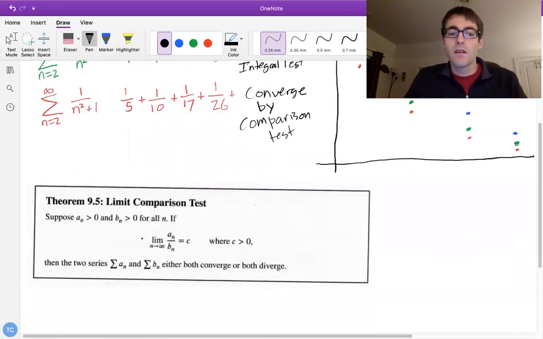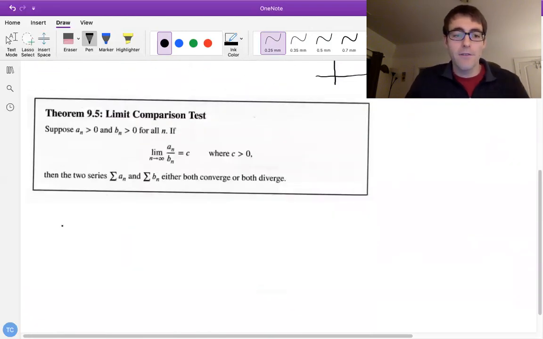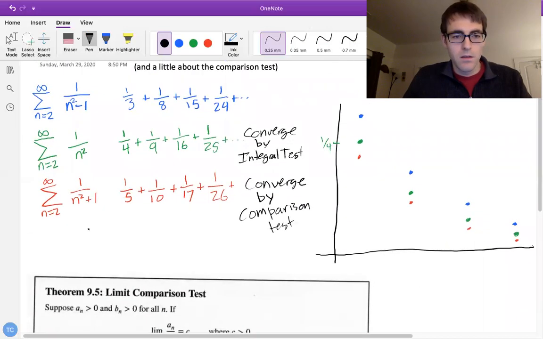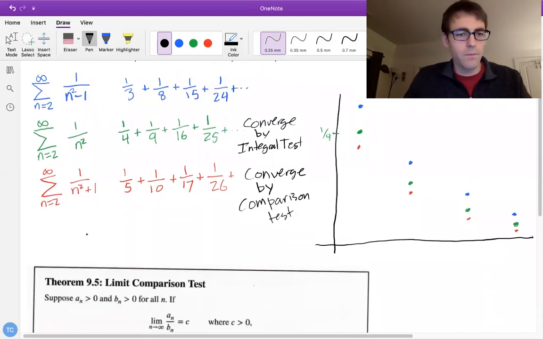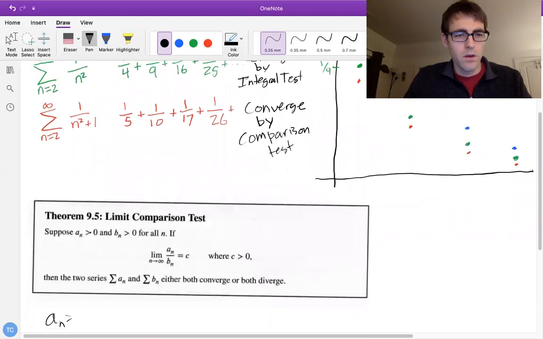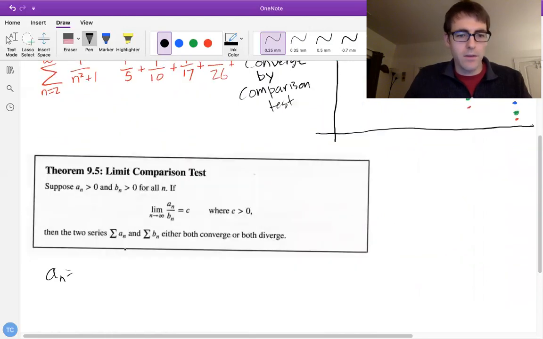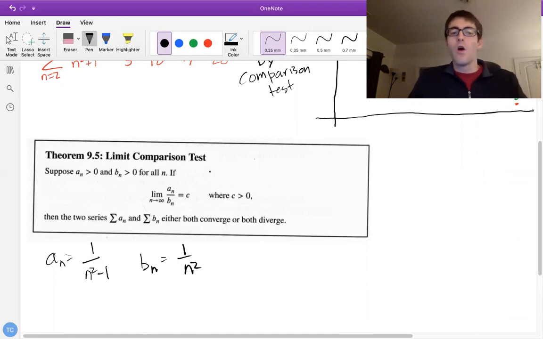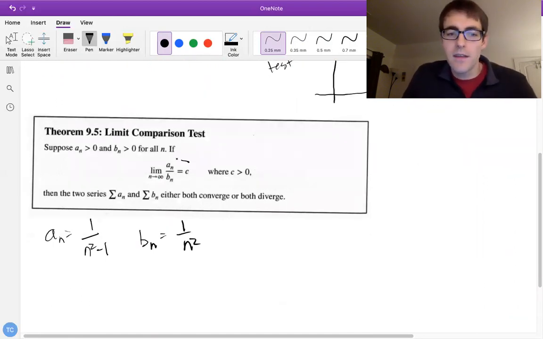In other words, our a_n is going to be 1 over n squared minus 1. Our b_n is 1 over n squared. We're going to compute this ratio.